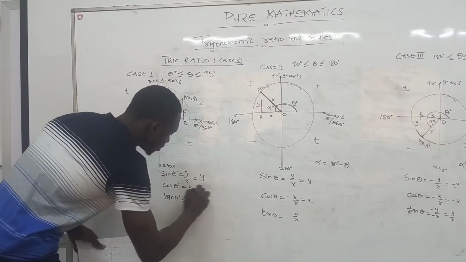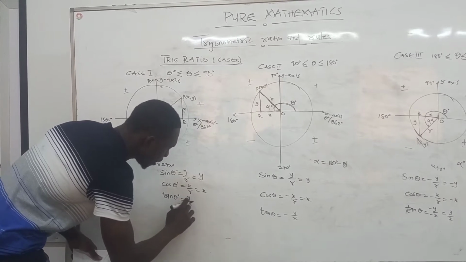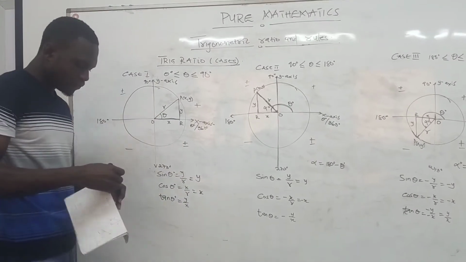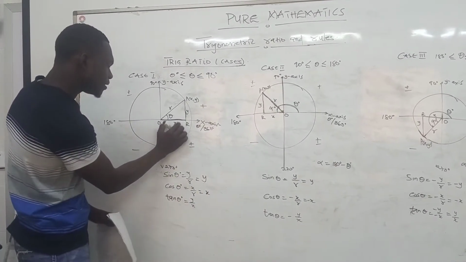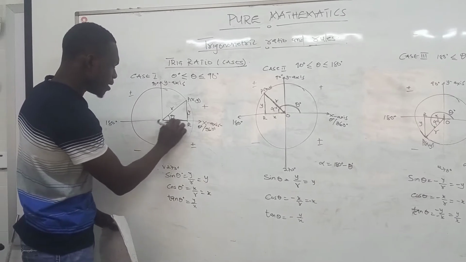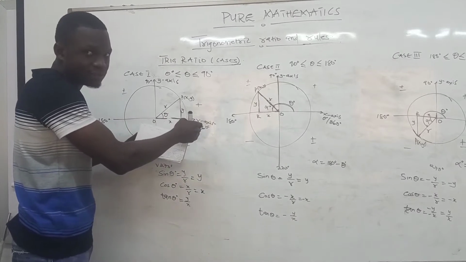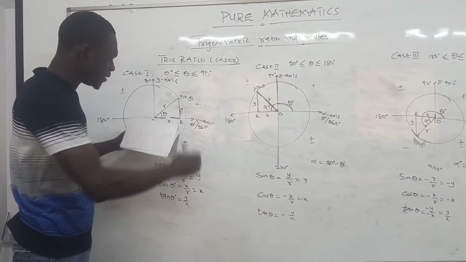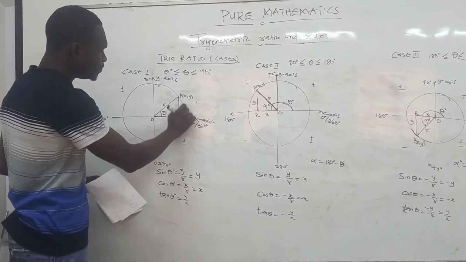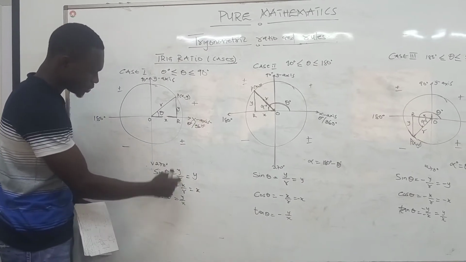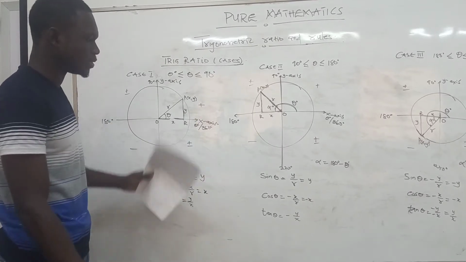So x over r will be x, and finally y over x will be positive y over x. Why? When you measure a distance over here, where x represents any value, it is always going to be positive because it's falling on the positive plane, or the positive side. That is the reason why we are getting positive wherever we go for case 1.